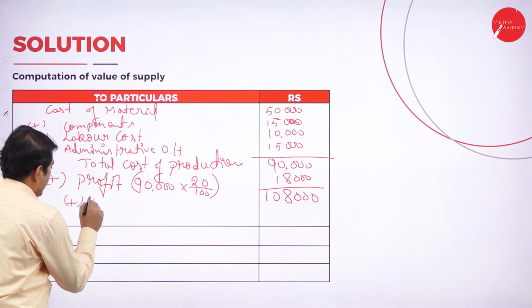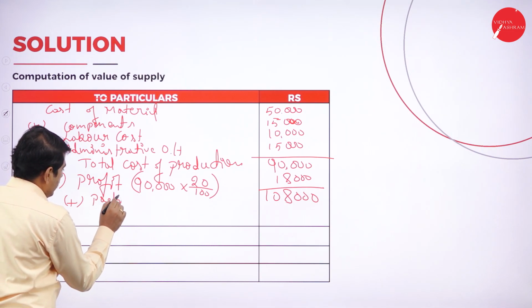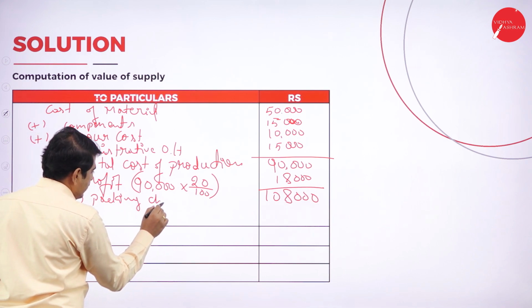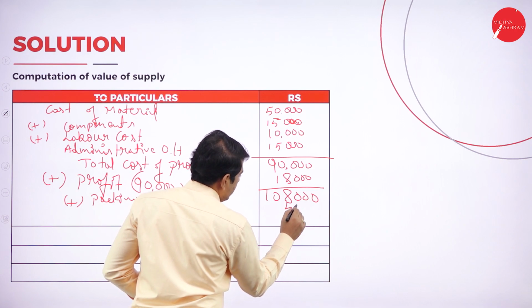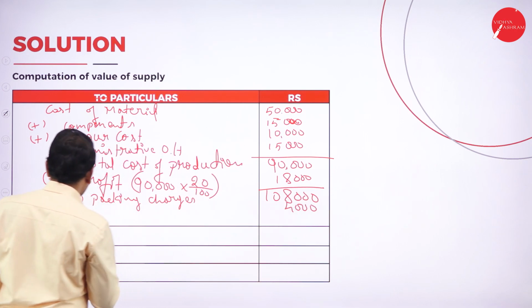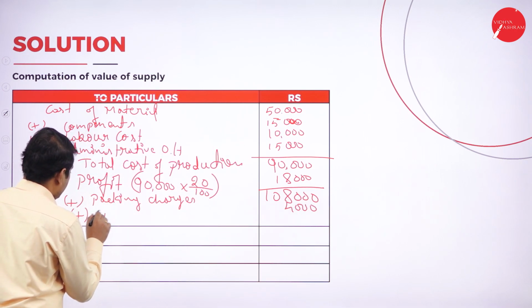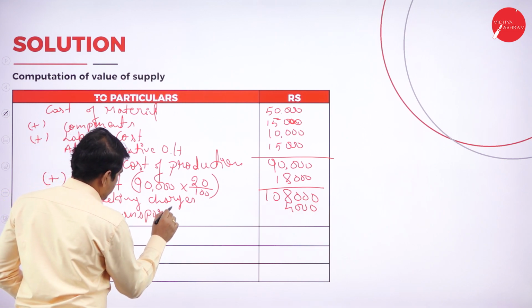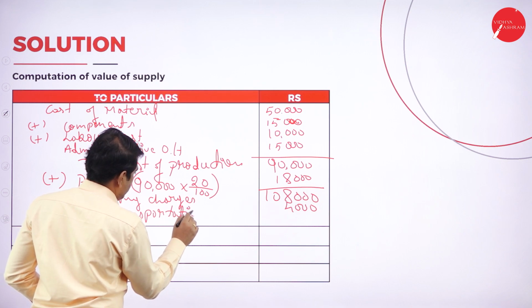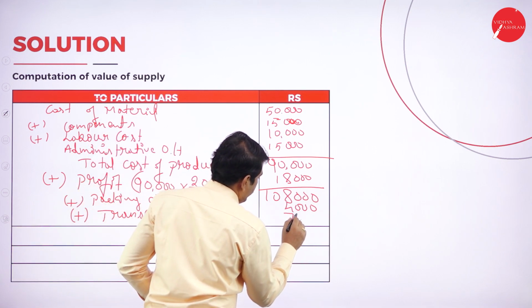So packing charges is 4,000. Again add transportation charges 7,000.